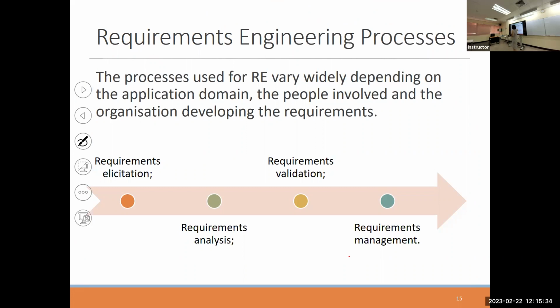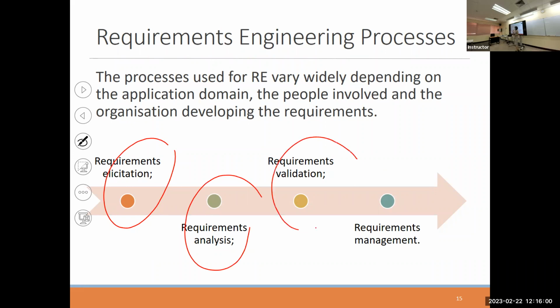So this is the entire process. To recap again, when we talk about requirements engineering, usually these are the common processes that could occur. First is the elicitation of requirements, then analysis of the requirements, then making sure that they are correct, right?